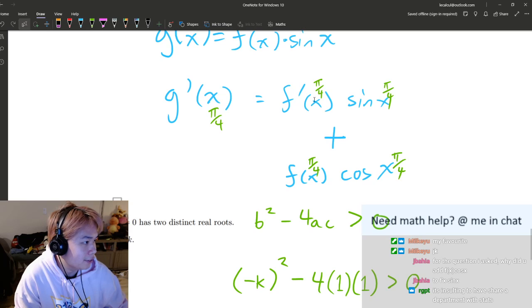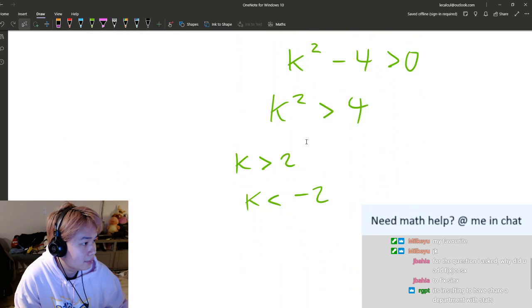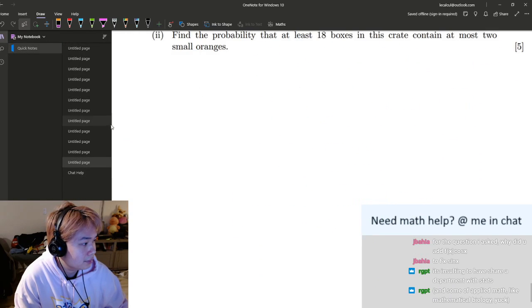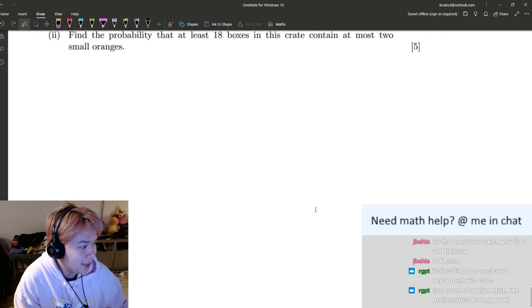Right? Derivative of the first thing times the second thing, and then the first thing times the derivative of the second thing. The derivative of sine is cosine. RGPT is such a snob.